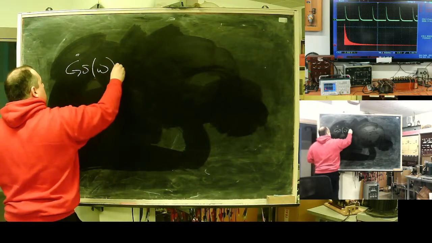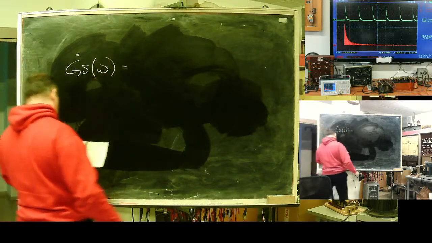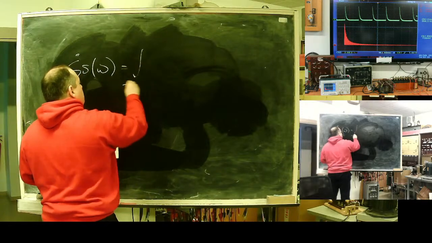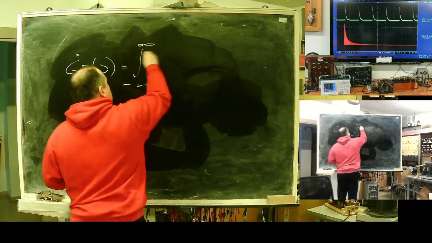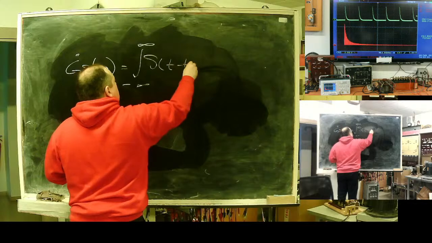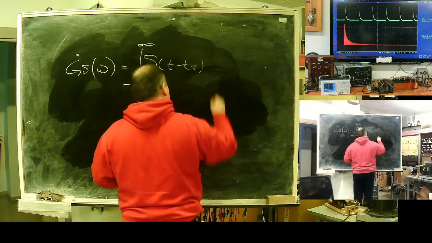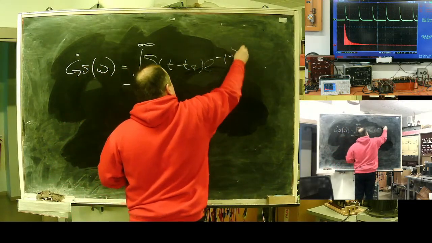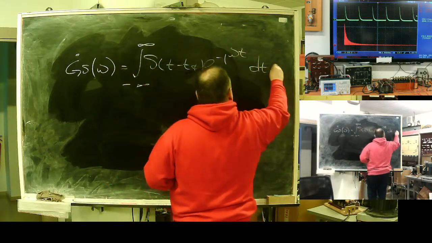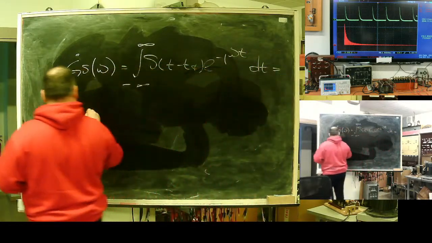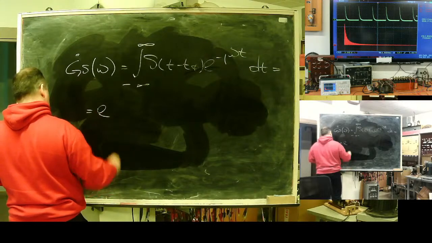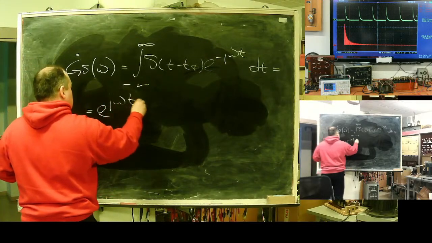The spectral function of the delta function will be the integral from minus infinity to infinity of delta(t - t0) e^(-jωt) dt, which equals e^(-jωt0).